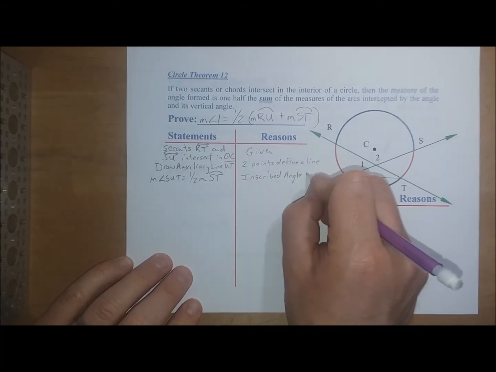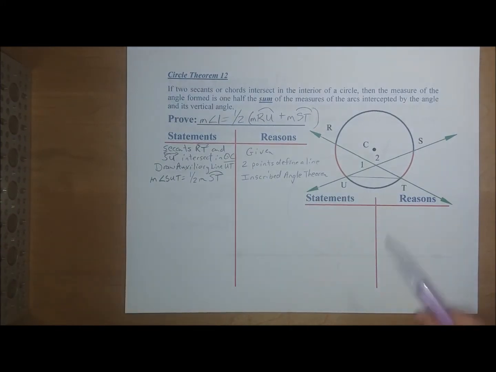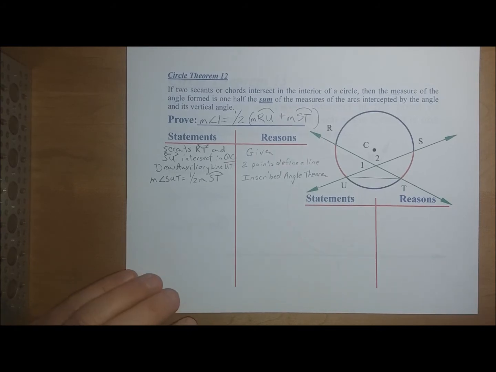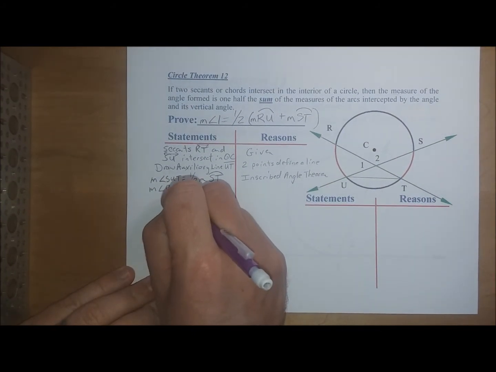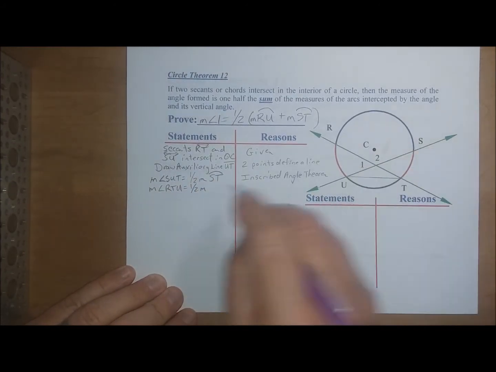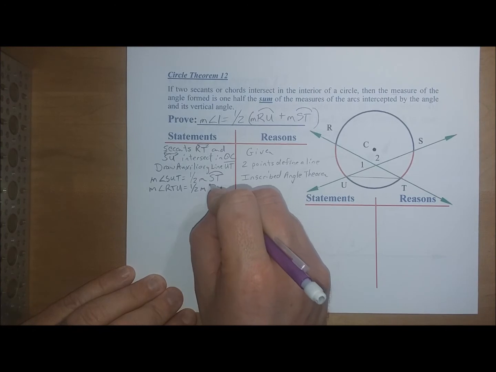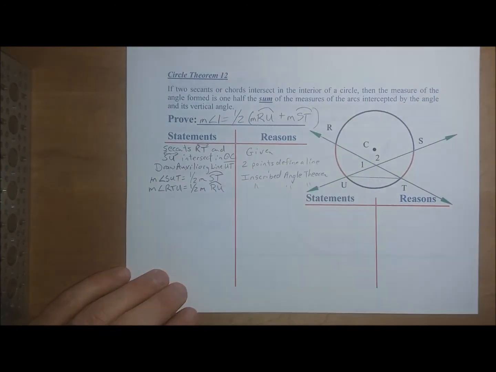If you haven't seen that video, go back and check that one where we prove all the conditions of our inscribed angle theorems. That was actually our condition 3 that we did, but that works. Okay. Likewise, angle RTU, the measure of angle RTU, is going to equal 1/2 the measure of this arc RU that it intercepts. Okay, same reason. Inscribed angle theorem, right?